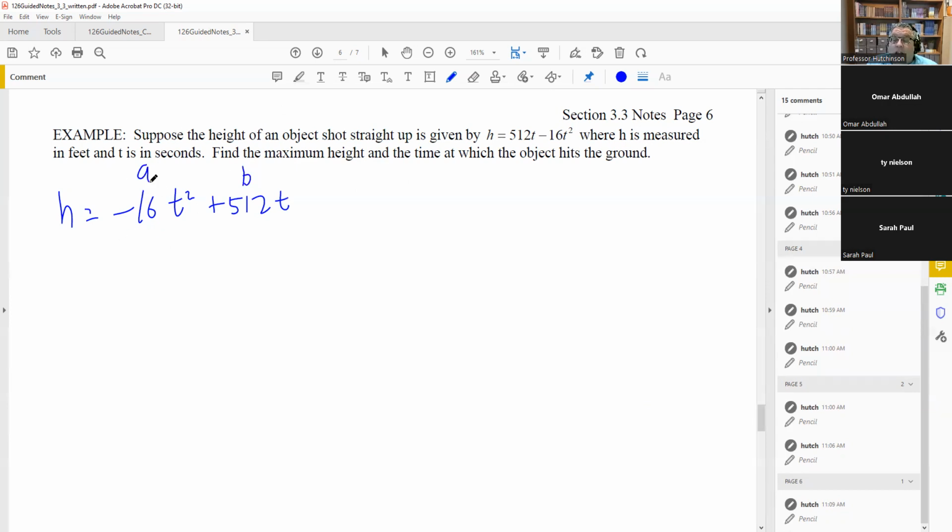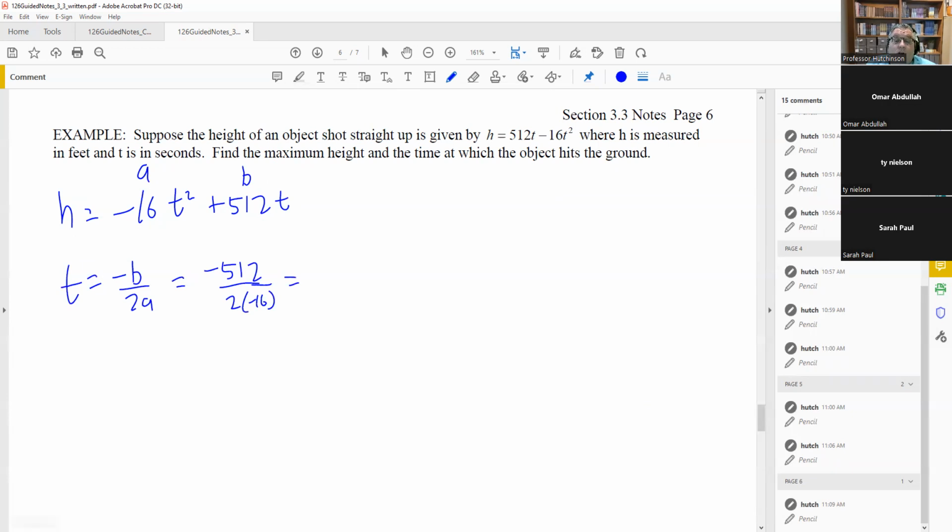So a is going to be negative 16 because that comes in front of the x squared, or the t squared here. And the b comes in front of the non-squared variable there. So I have a and b. Now the formula that I'm going to use is, instead of x's, we have a t instead. So t is going to be equal to negative b over 2a. That's going to be negative 512 divided by 2 times negative 16.